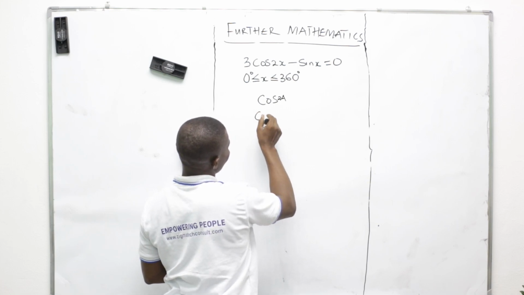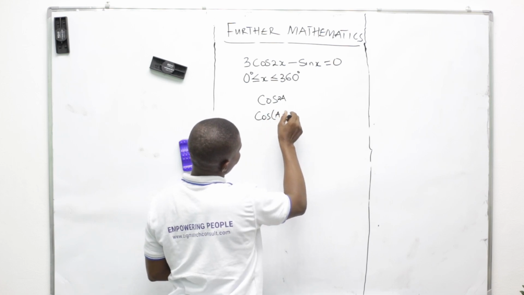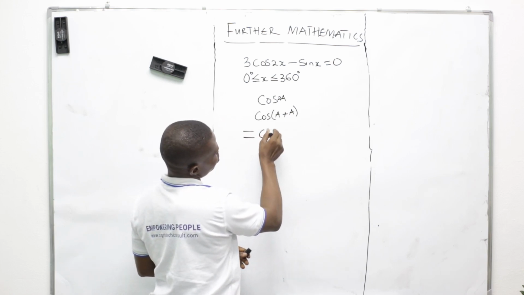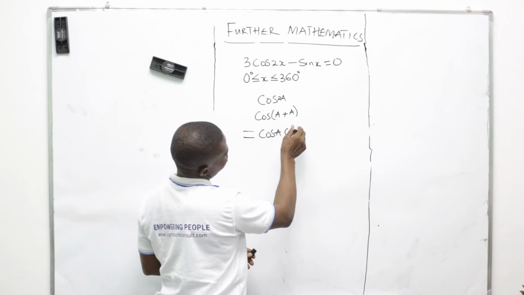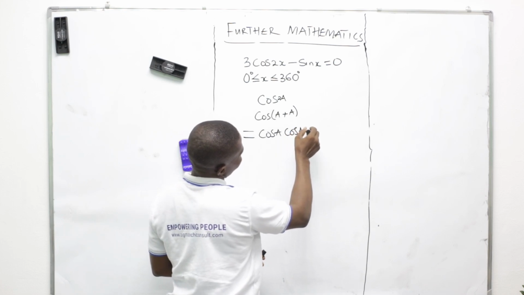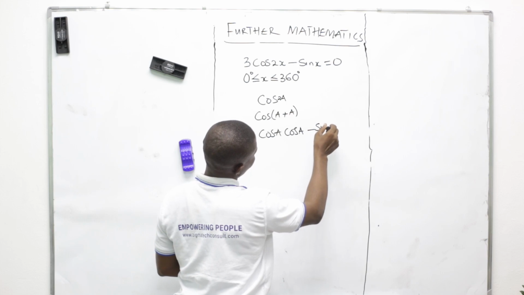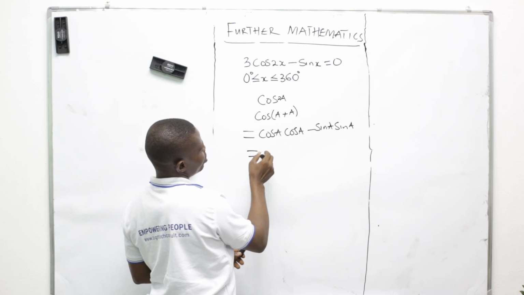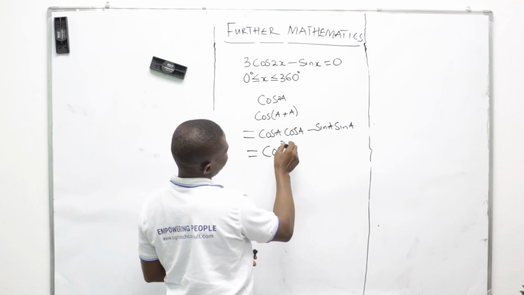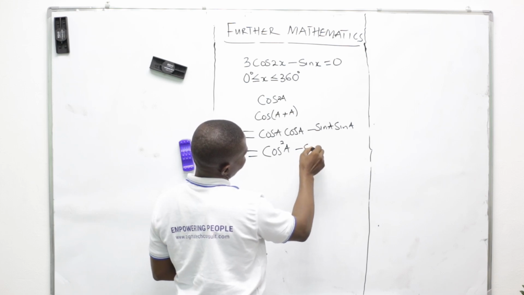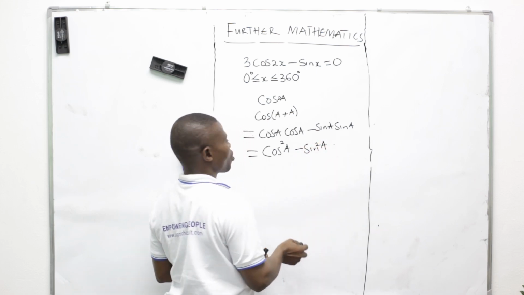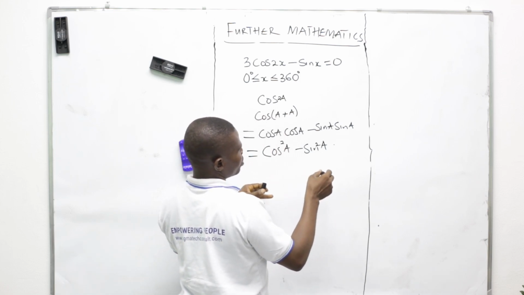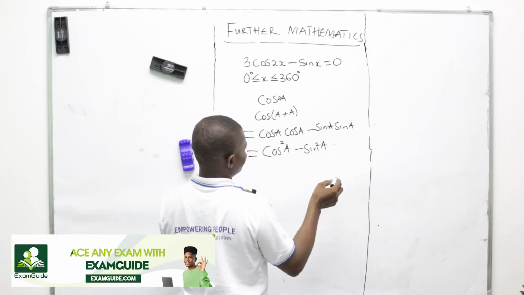Cos 2A implies cos(A plus A), which will give us cos A cos A minus sine A sine A, which is equivalent to cos square A minus sine square A. Recall that cos square A plus sine square A equals 1.